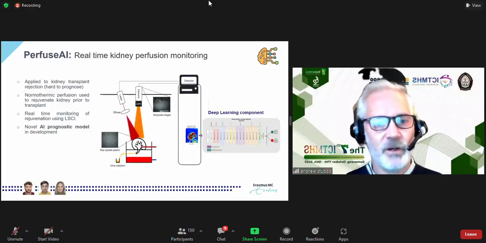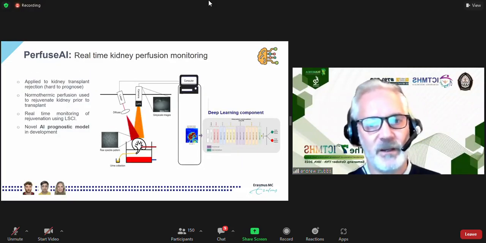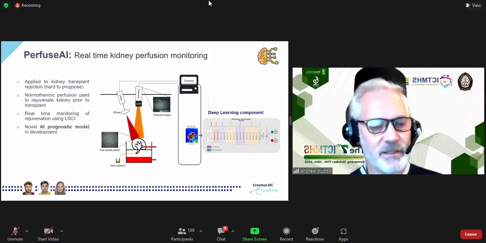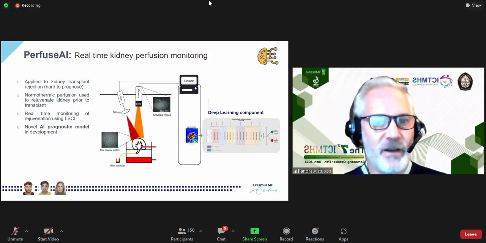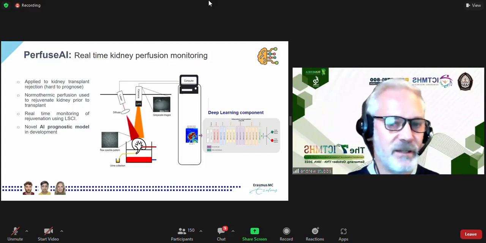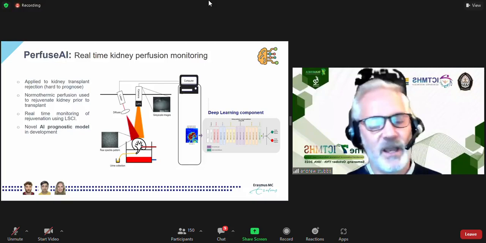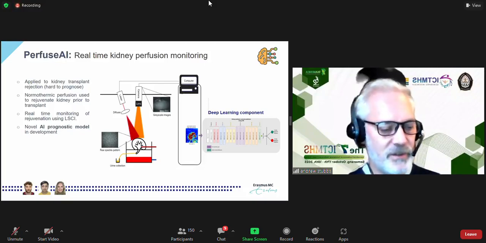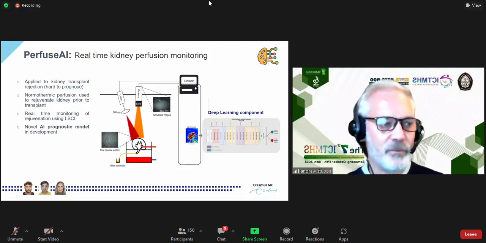So we were involved with one component of this, and one component of that is to actually monitor using a camera. So it's like a spectral camera. It fires a laser at the kidney, and it monitors the perfusion rates in there. So the pathologist and the surgeon can look at this and identify, well, is there a good blood flow?